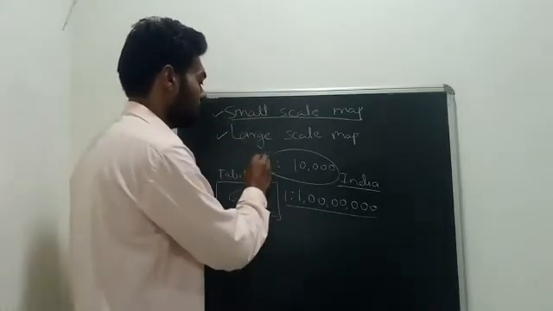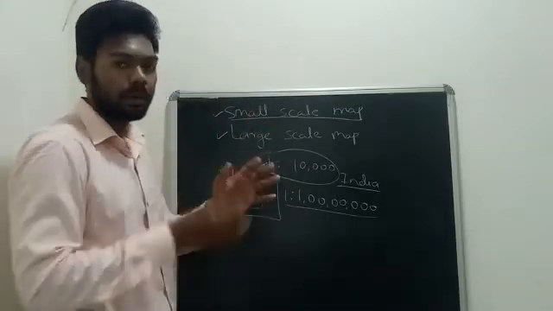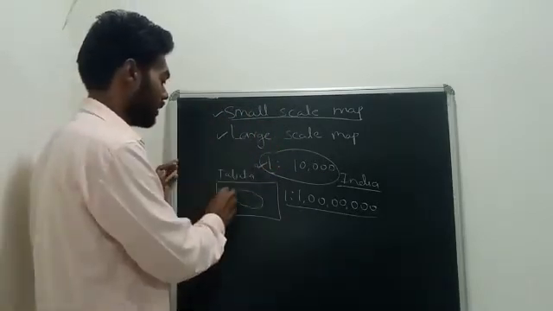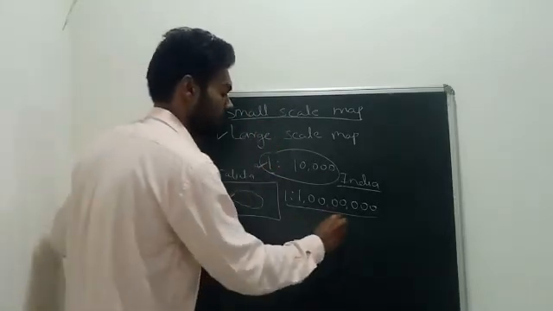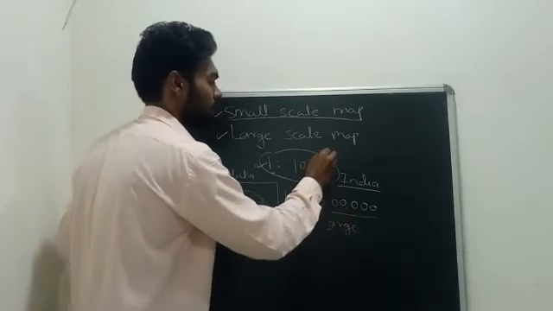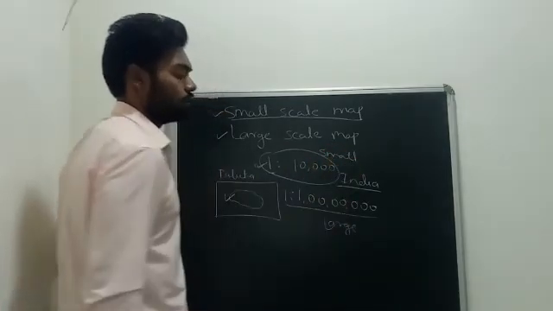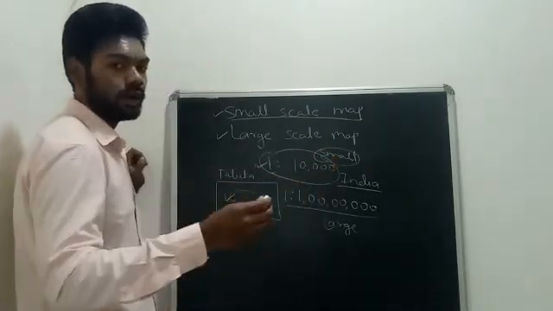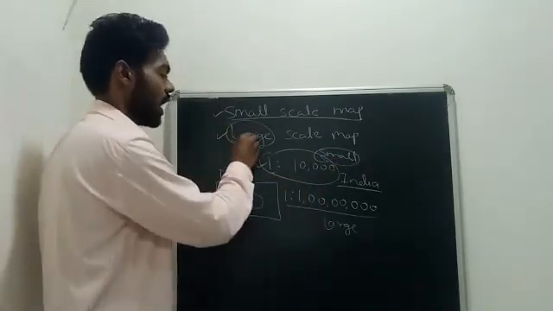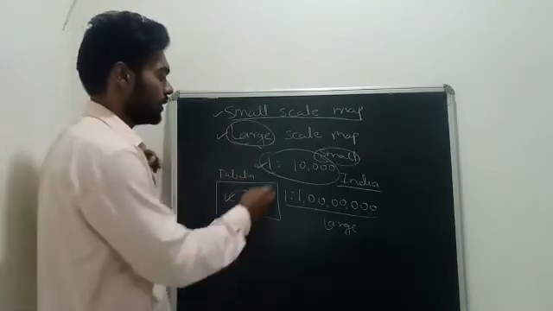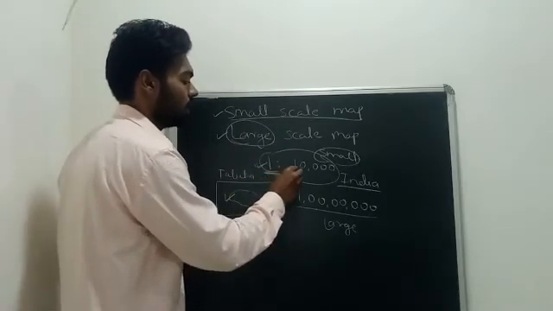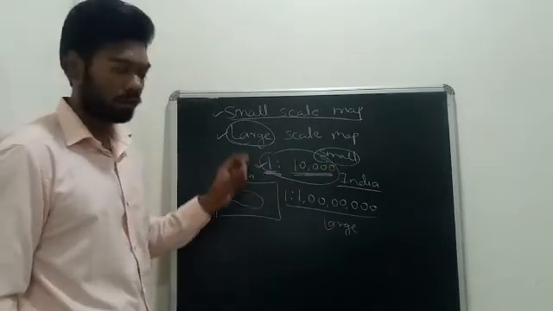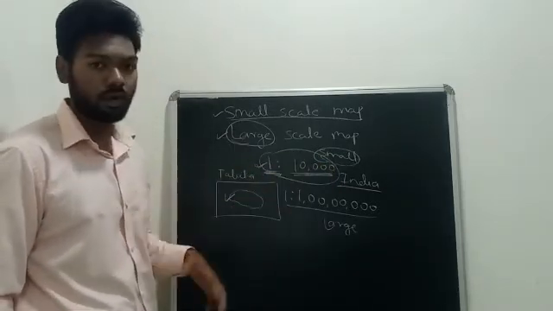And here you see we are showing a pretty small area on a particular place. Originally it is small, and the other is large. So when we show any small area on the map, it is called large scale. Because you see, here the value of 1 is this much. If we divide this 1 centimeter, what will happen?